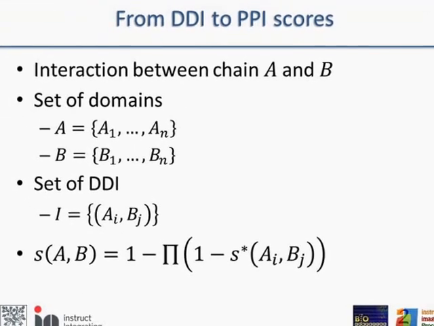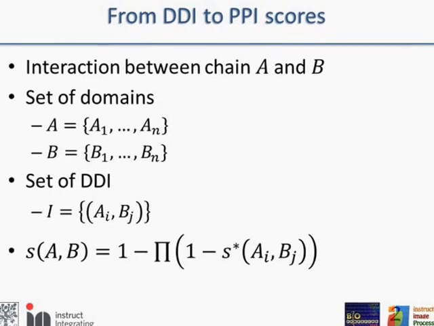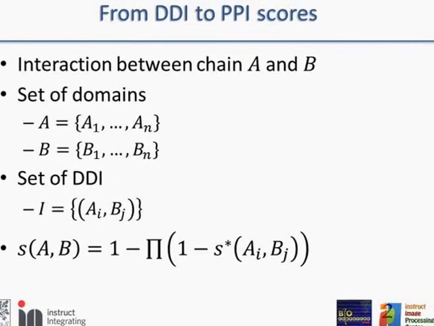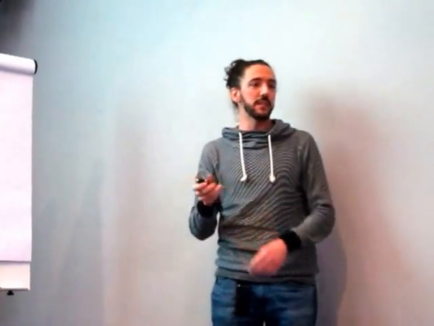We can use expectation maximization to finally have a better score. So once I have a score for all the domain interactions, I can now calculate the protein-protein interaction. The idea is to score the protein-protein interactions in my complex using this information.